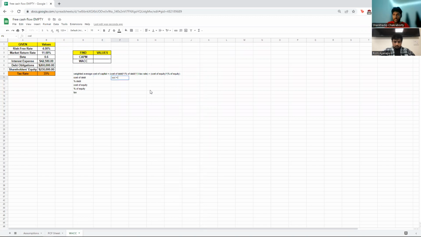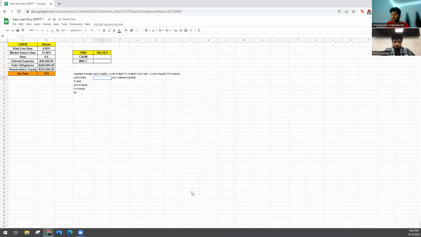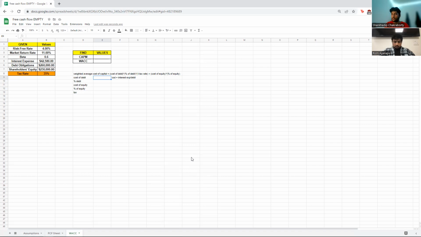Essentially, cost of debt equals interest expense divided by debt. So we have a couple values already given, which is good for us. We could just use those. So for cost of debt, all we need to do is the interest expense divided by the total debt obligations, and you get that. Don't autofill the other stuff.